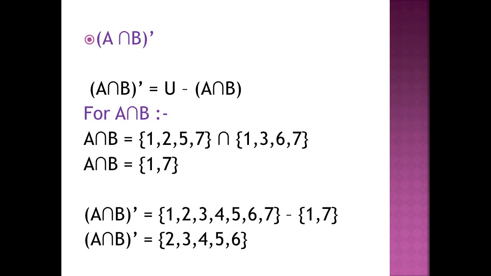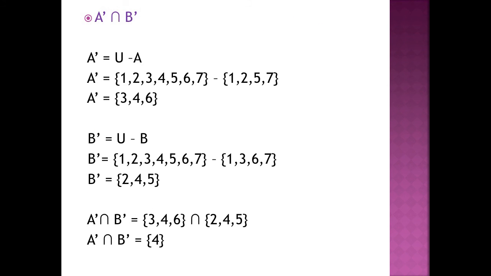I will not write 1 because it will be cancelled. I will write 2 because it is only in the first bracket. I will write 3, 4, 5, 6. I will not write 7 because it is in the first bracket and it is in the second bracket. It will be cancelled. Answer of this question is {2, 3, 4, 5, 6}.